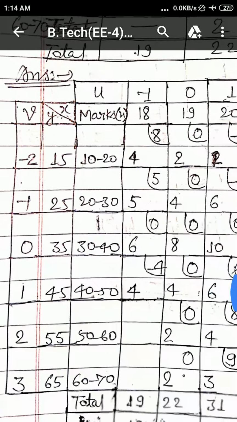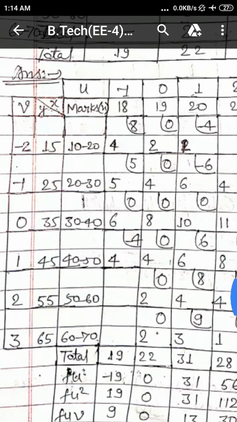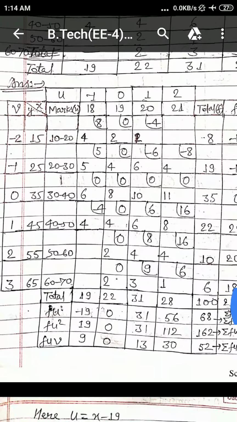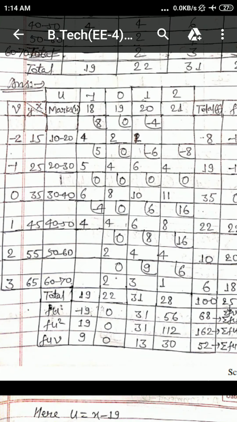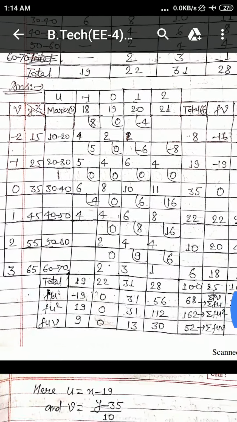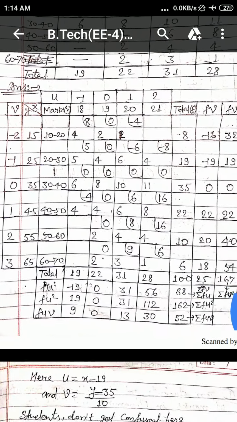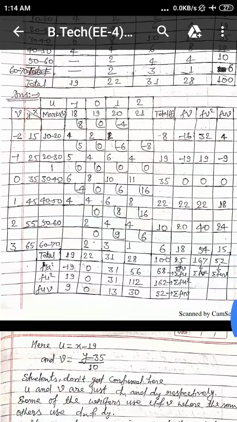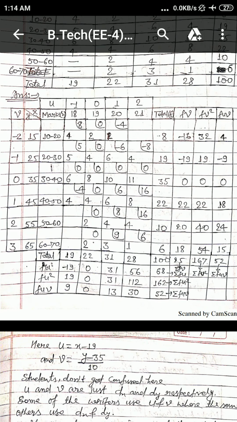For one variable we represent x, and for another we represent y. The values of x here are 18, 19, 20, 21. And what are the values of y here?